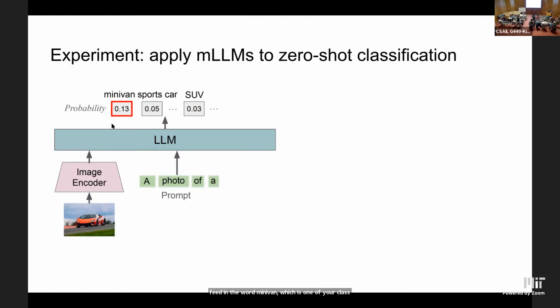So you see, if the LLM were to generate the word minivan, what's the probability of that word? Then you evaluate this generation probability for all the words or phrases in your label set, and you pick the one with the highest probability. This is called the GPT score. Now we have a way of using this model to classify a set of categories.